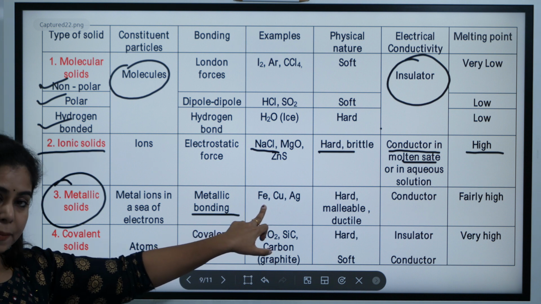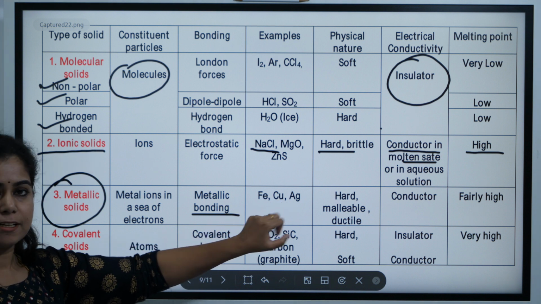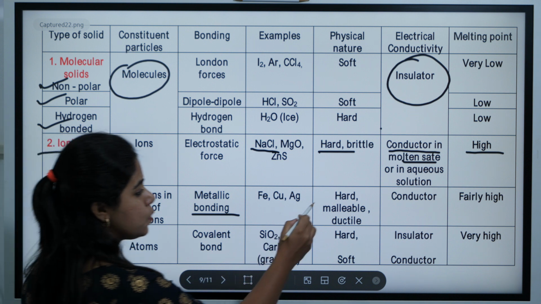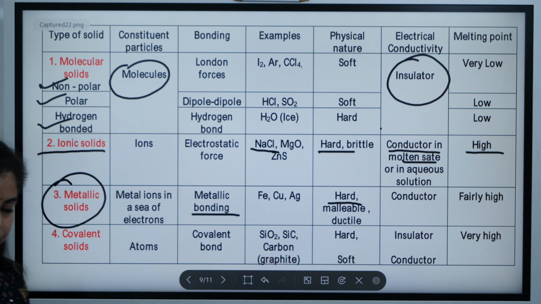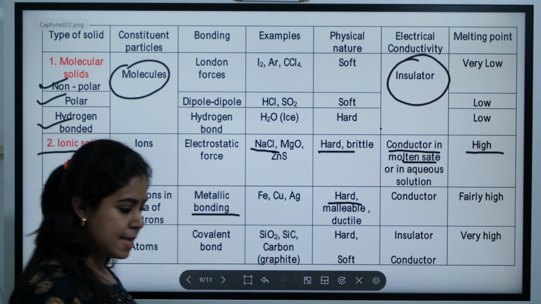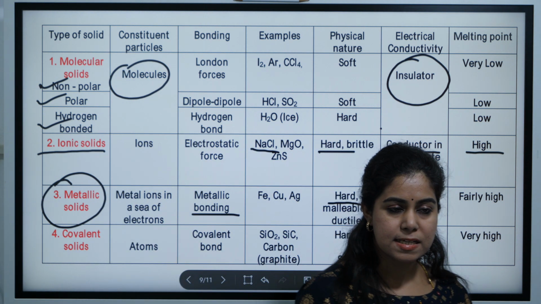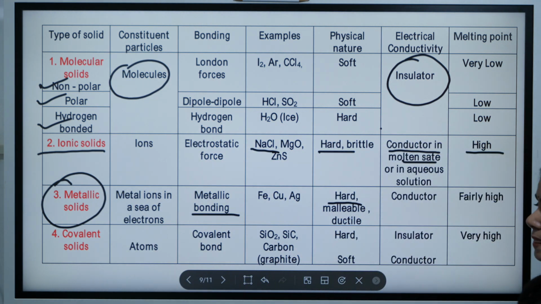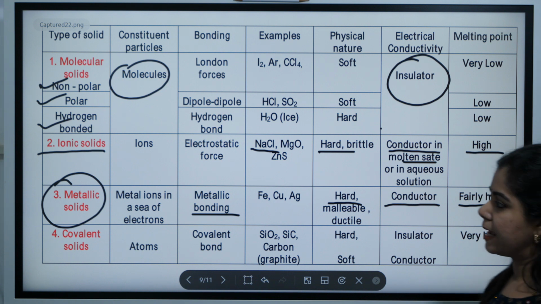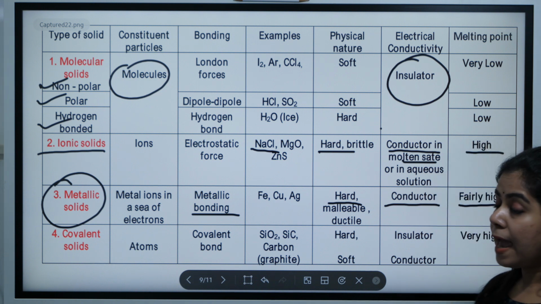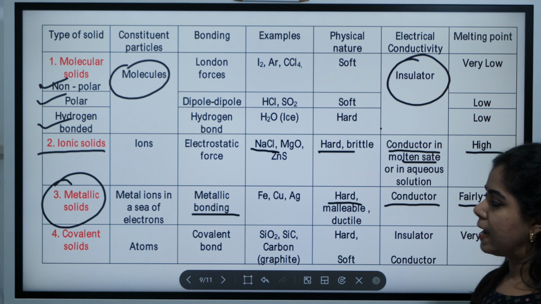Examples are metals like iron, copper, silver, etc. They are usually hard, malleable and ductile. That means they can be drawn into thin wires and hammered into thin sheets. They are usually conductors. They conduct in the solid state also, and their melting point is fairly high.